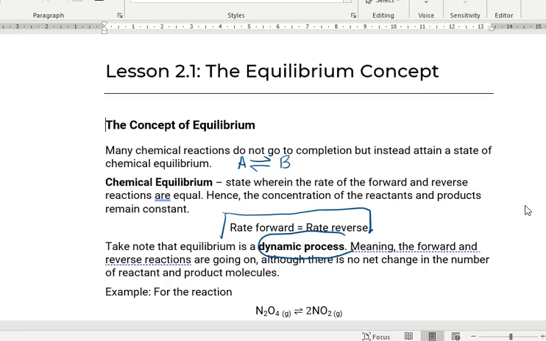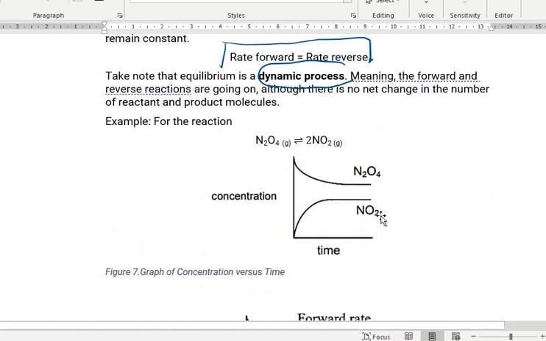Okay? And how do you know that the system has attained equilibrium? Okay, so let's take, for example, the conversion of N2O4 to NO2. Okay, so initially you only have N2O4.